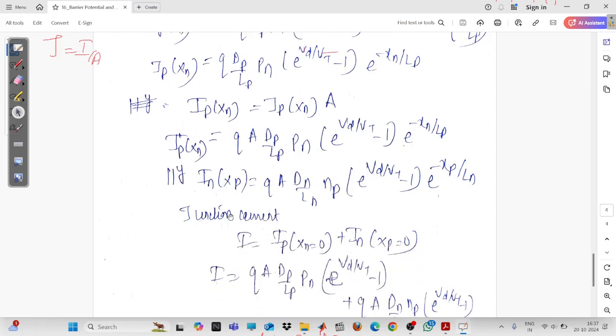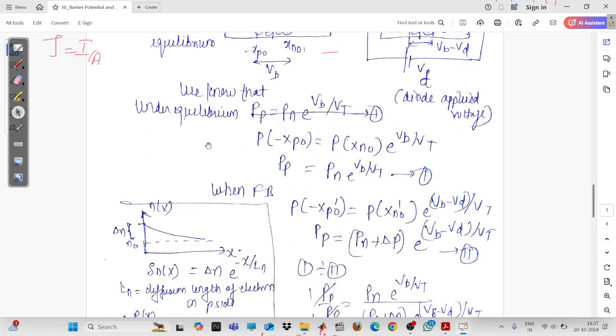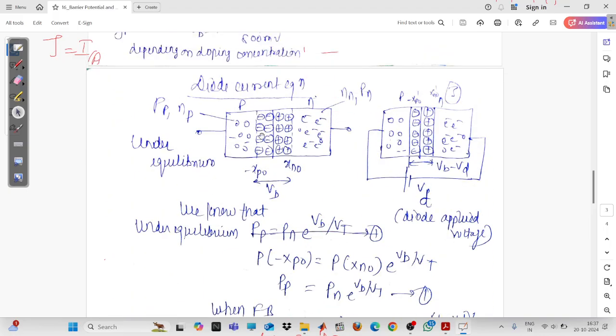Now when you apply forward biasing, what is going to happen? Slowly and steadily the depletion layer will decrease to zero, because there will be more force of repulsion if you increase the value of Vd.